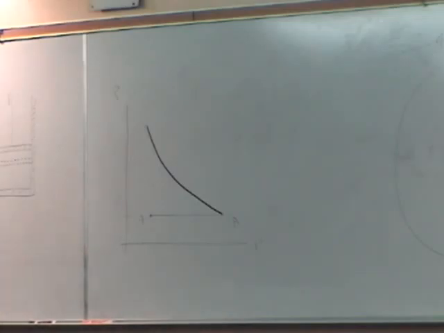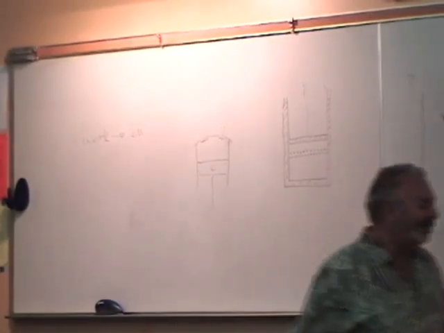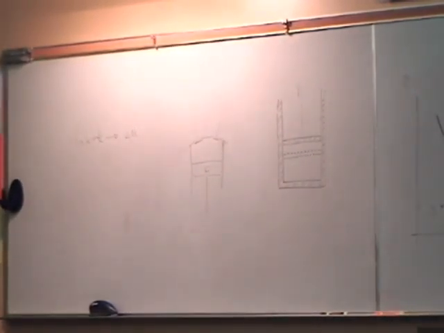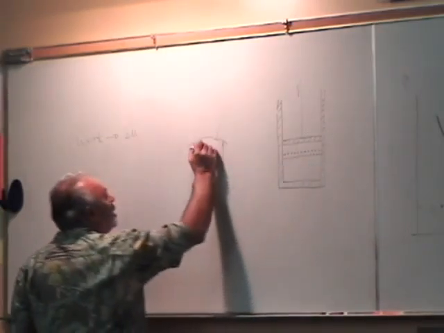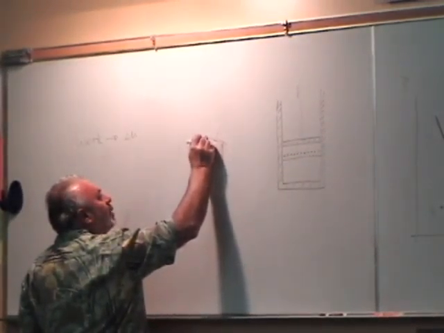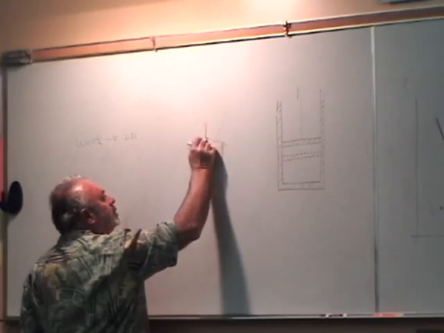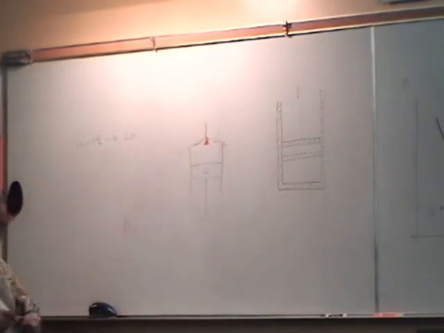Now, once you've got the piston back up to its minimum volume, the doors are still closed, that's when the spark plug sparks. Oh, we got to do that in red, don't we? Got to do that in red. So, we get the spark plug sparking at that point, igniting the fuel-air mixture.